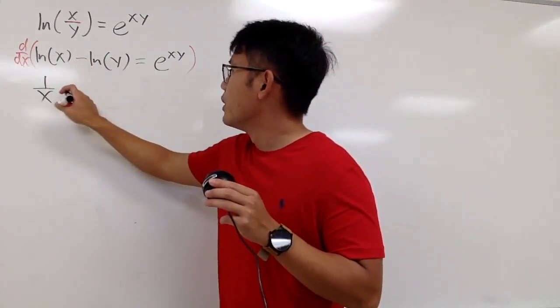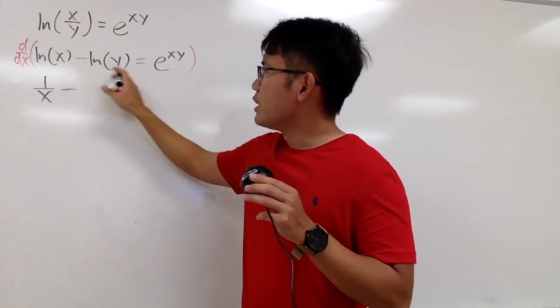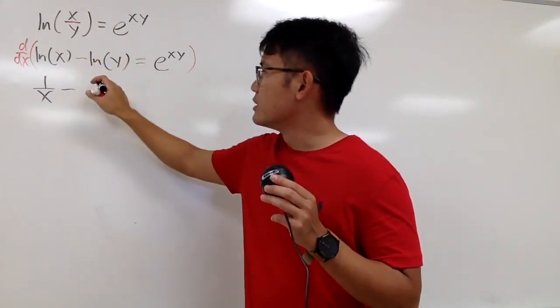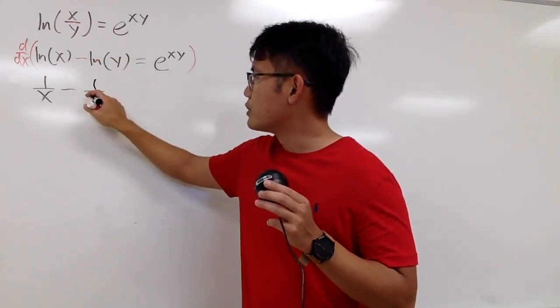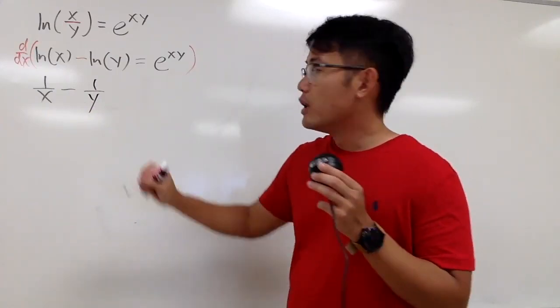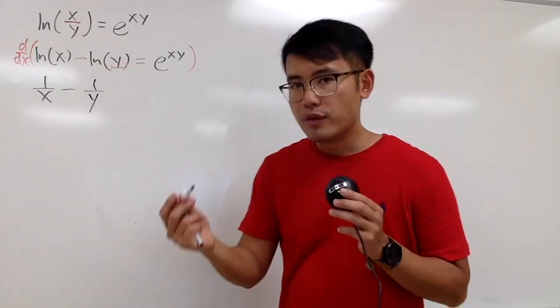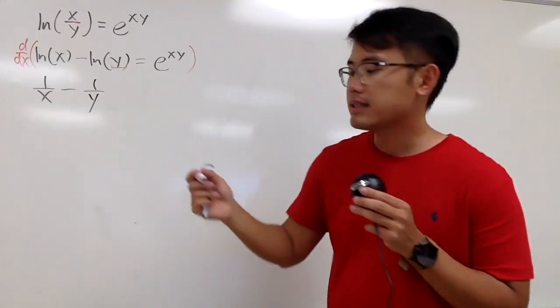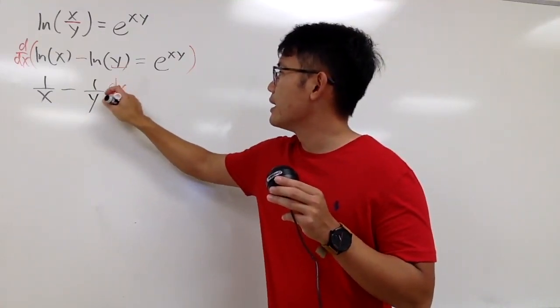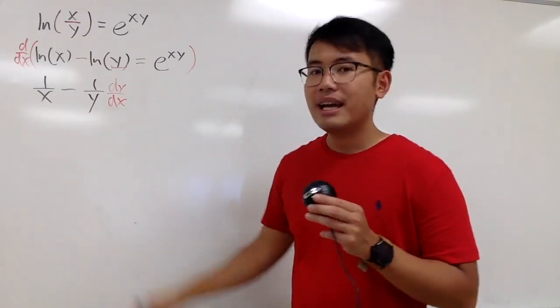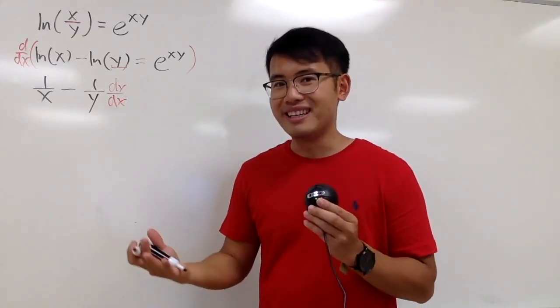Anyway, continue. You minus, and the derivative of ln y is 1 over the inside, which is y. But the chain rule says we have to multiply by the derivative of the inside. Derivative of y with respect to x, that's dy/dx.